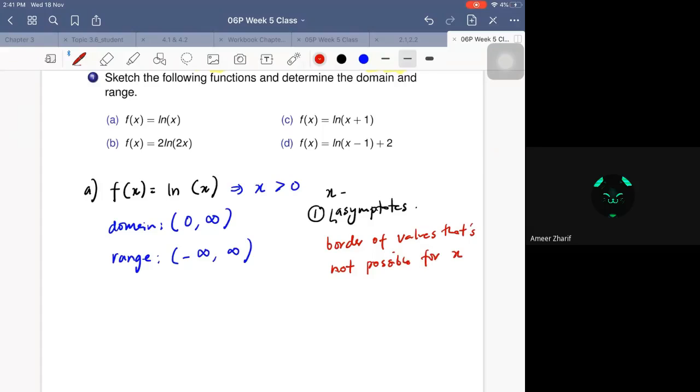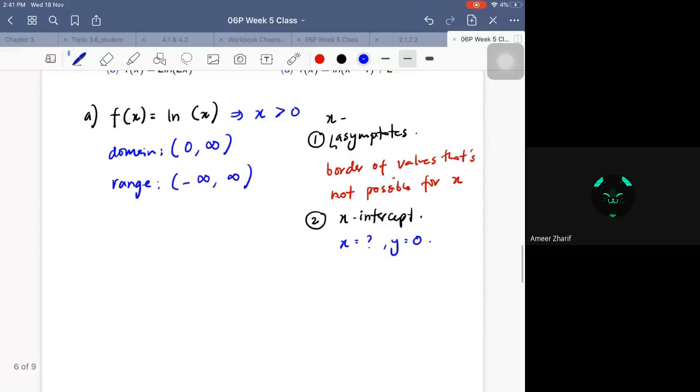So that is known as the x-asymptote. The second characteristic that should be on your graph is the x-intercept. This is definitely not going to intercept the y-axis, so we don't need the y-intercept. We're only going to need the x-intercept. And of course, how do you find the x-intercept? The x-intercept is the value of x when y is equal to 0. So the idea is as easy as that.